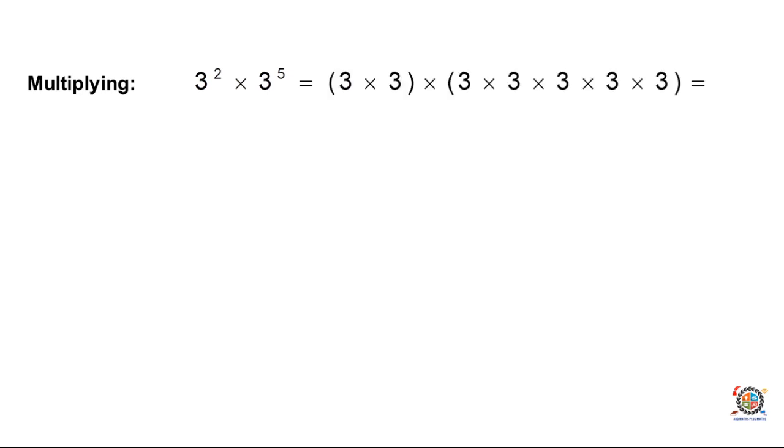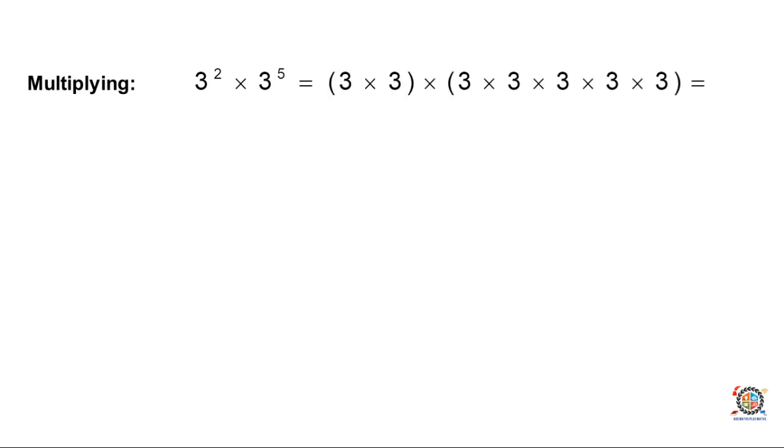In multiplying numbers with the same bases but with different indices or exponents, let's investigate first and apply what we have learned a while ago: 3 to the power of 2 is equivalent to 3 times 3, and 3 raised to the power of 5 is 3 times 3 times 3 times 3 times 3, or you multiply 3 5 times to itself.